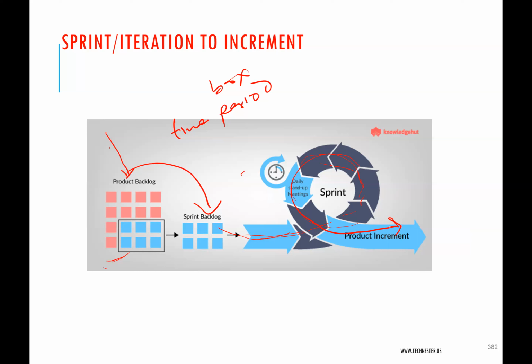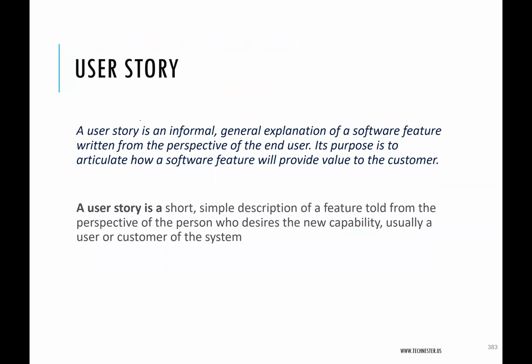Now let's talk about some other Scrum artifacts, especially what will be in this sprint backlog or your product backlog. I've mentioned that in the product backlog, you'd have user stories. A user story is an informal, general explanation of a software feature written from the perspective of the end user.